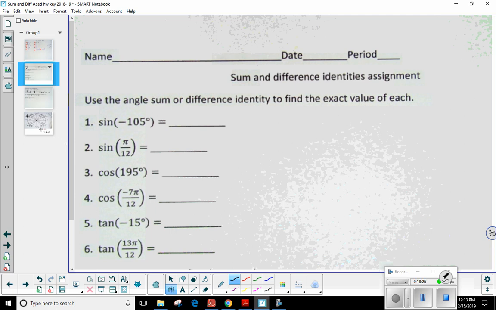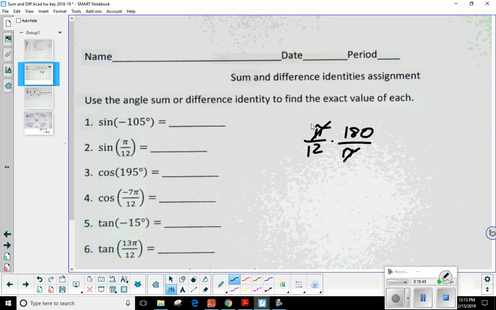And you'll notice you've got some of these in degrees, but some of them are also in radians. So I would probably just tell you, take the radian measure and do what? Yeah, I just change it to degrees. It's going to be a lot simpler to work with. Like, for example, sine of pi over 12. Pi over 12, you multiply it by 180 over pi so that the pi's cancel.